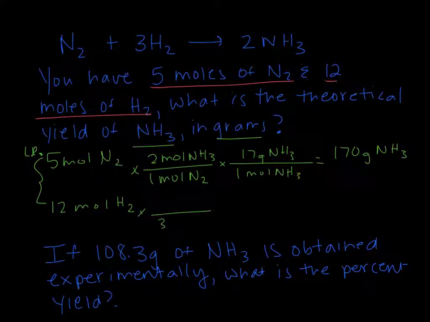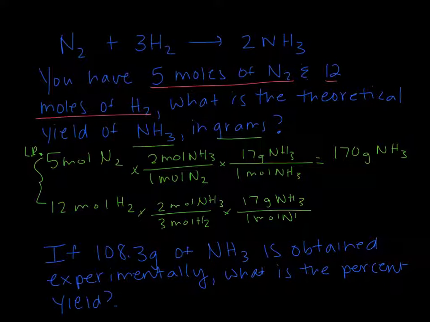So that's going to be 3 moles of H2 to 2 moles of NH3. And then again, this 17 grams of NH3 for 1 mole of NH3. And so I'll get 4 times 2 is 8 times 17 is 136 grams of NH3.